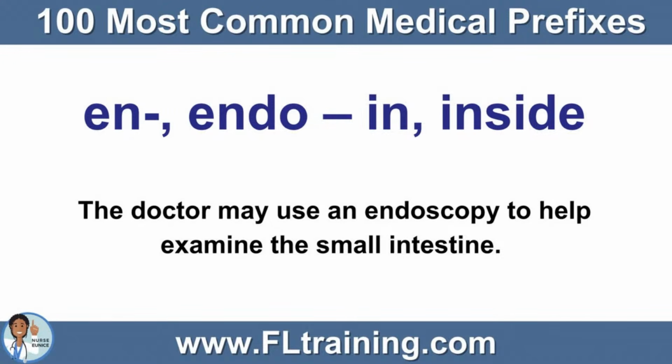A doctor may use an endoscopy to help examine the small intestine. So the doctor's going inside the patient's body with a scope that has a camera and a light on the end so they can visualize what's going on inside of the person's body. Thus, endoscopy is the term.